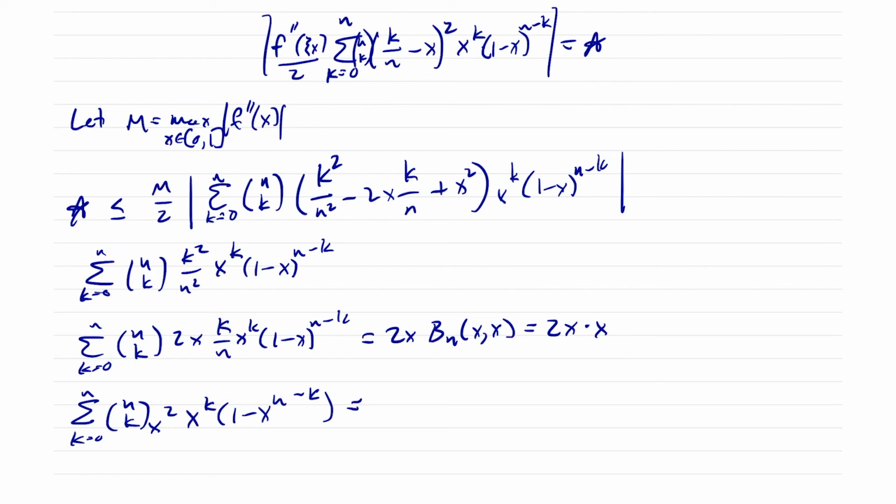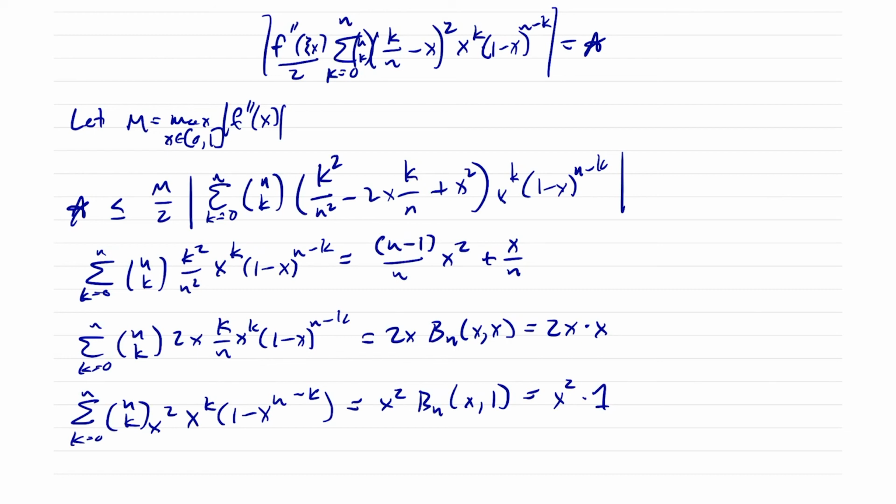This one, you pull out x squared, and it's just x squared times B_n of 1, which is just x squared times 1. The only thing left here is this guy, and we had this identity before: x squared plus x over n.